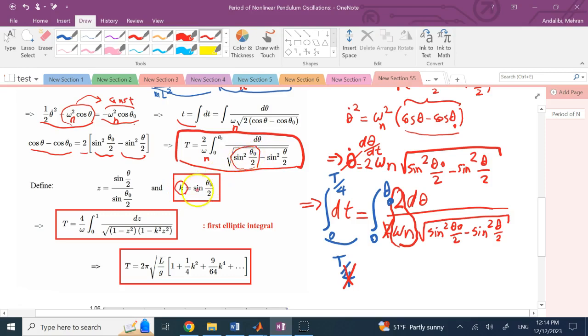If you define it like that, and you change your variable from sine of theta over 2 to z, where z is sine of theta over 2 divided by k, in other words, sine of theta over 2 equals k times z, then you can write that integral into this format.